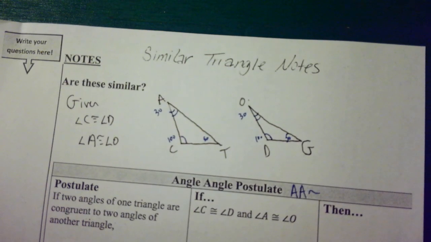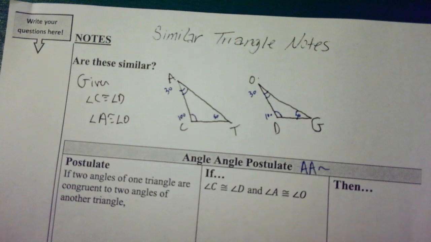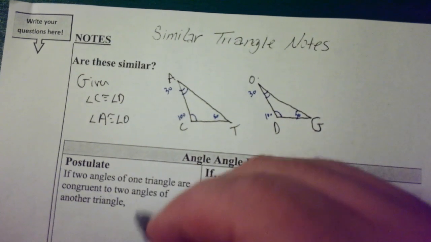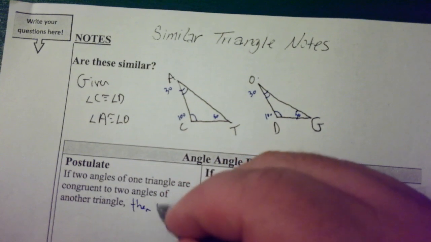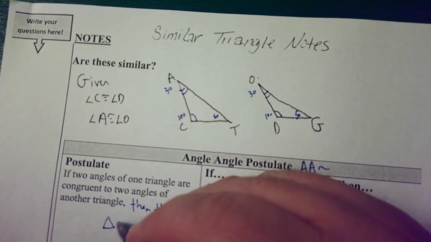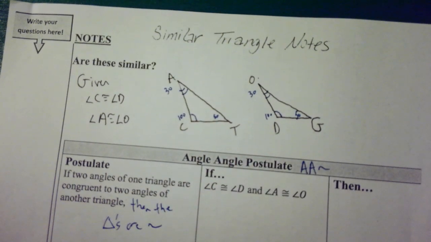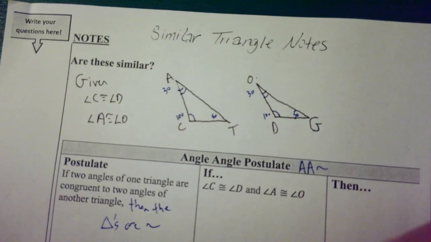It says that if two angles of one triangle are congruent to two angles of another triangle, then the triangles are similar. So let's draw that picture again, or one similar to it.